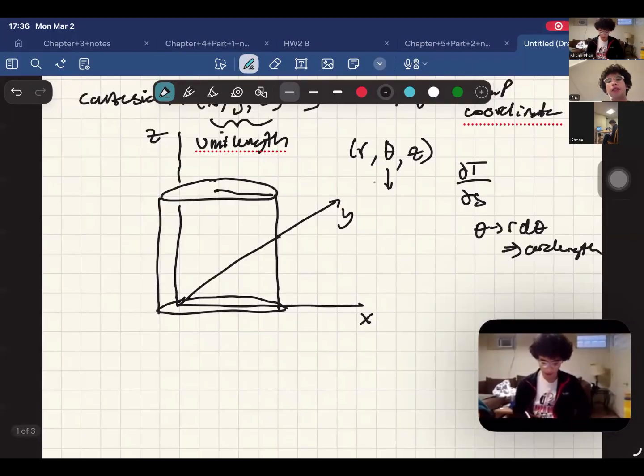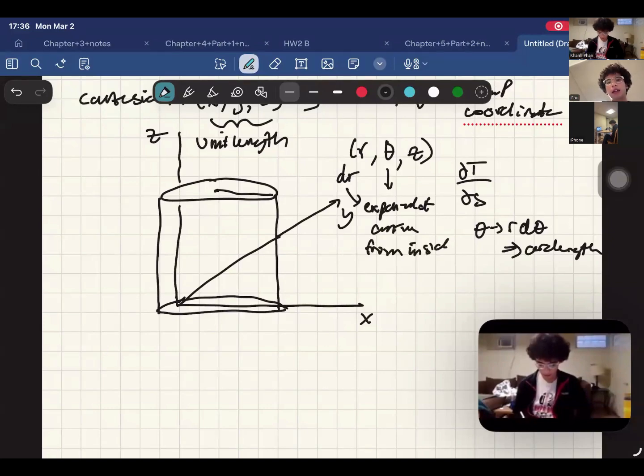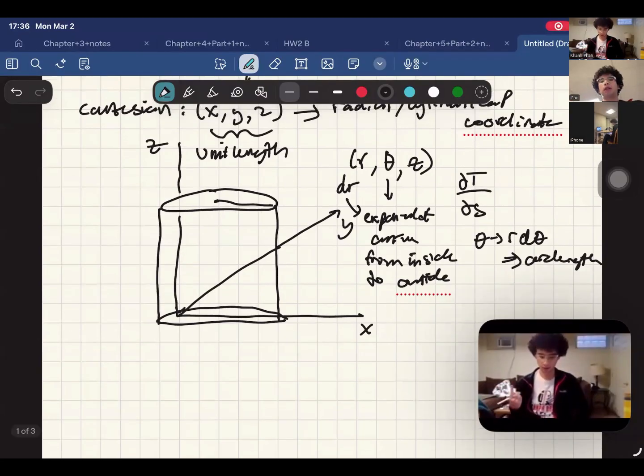And then everything else is just dr. dr is expanding of the curve from inside to outside, theta is expanding in an angular way, and z is just expanding up the height.